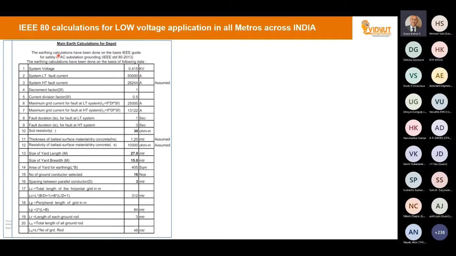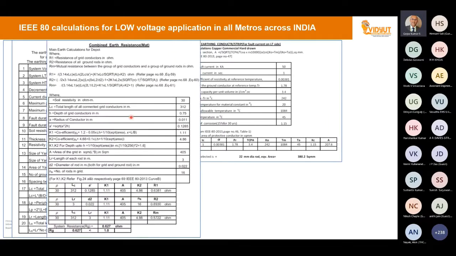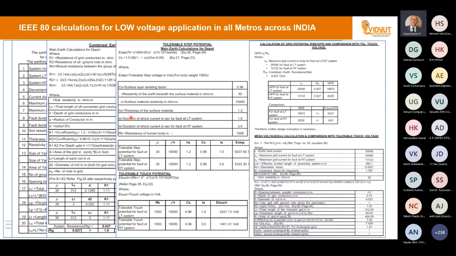You see here the heading. This is a software simulated report based on IEEE 80 for 415 volt application. Now you see all these calculations, so many calculations. Our engineers are always impressed with these calculations because they feel that a calculation from a computer will save our electricity or save our installation. This is the feeling. But now you see here GPR for fault at LT system.